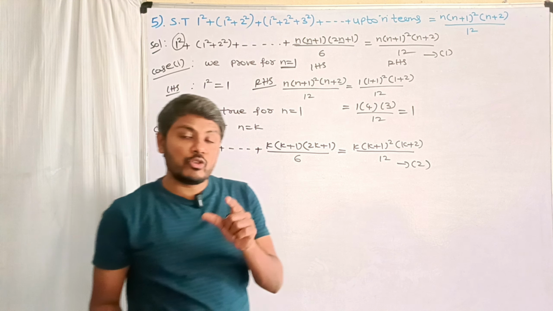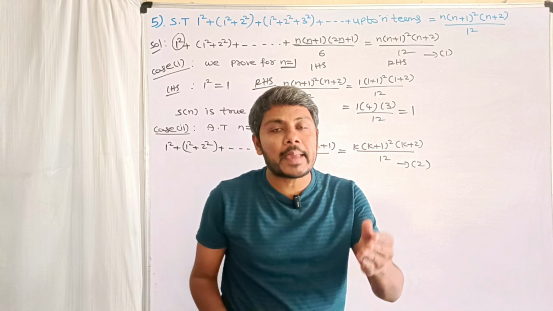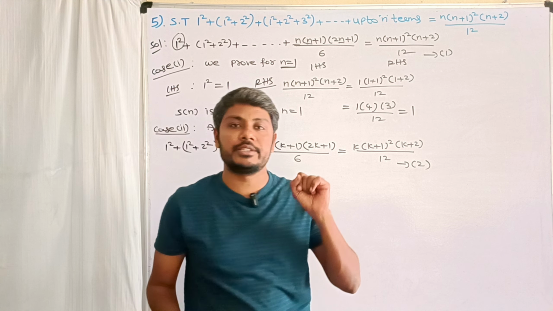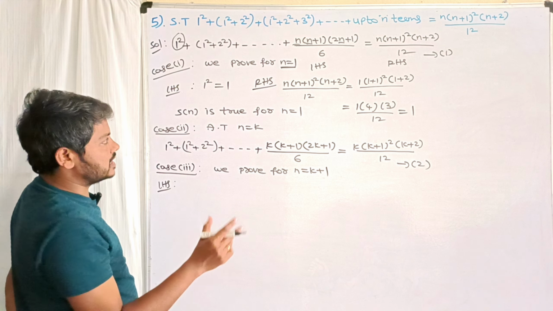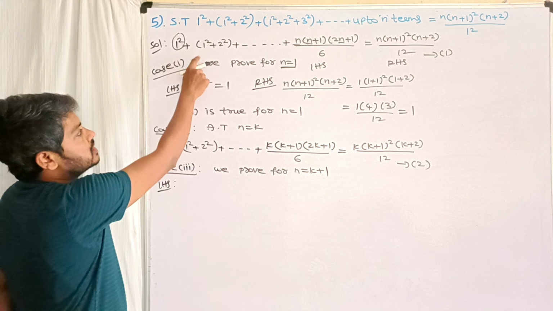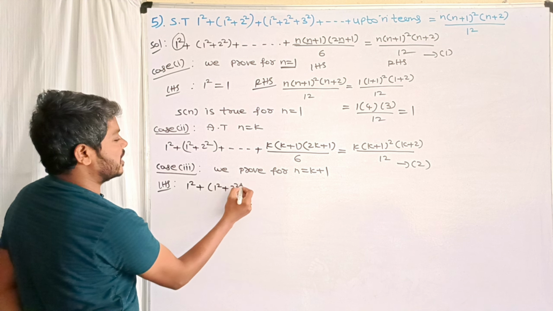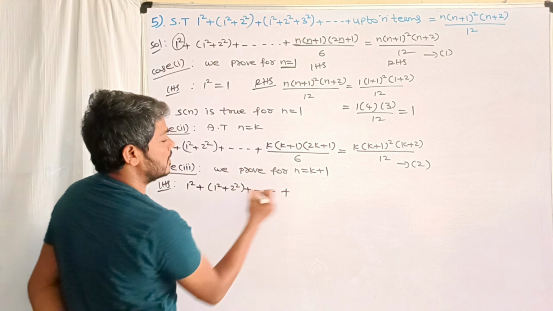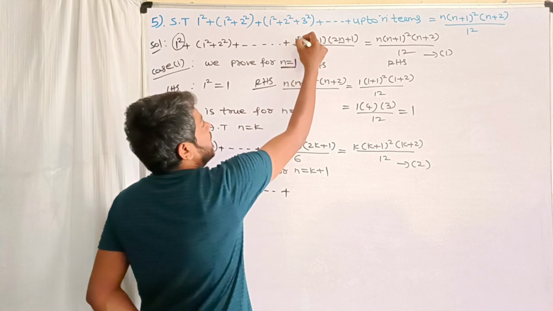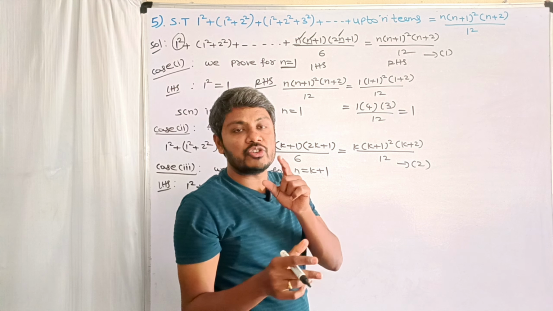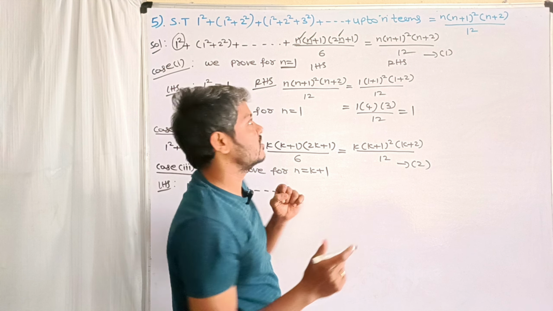Now in case 3, you prove for n equals k plus 1. You can consider LHS, and from that you can prove RHS. So clearly, what is LHS of the equation? That is 1 square plus (1 square plus 2 square) and so on plus, replace n by k plus 1. And you should mention the bracket for k plus 1.